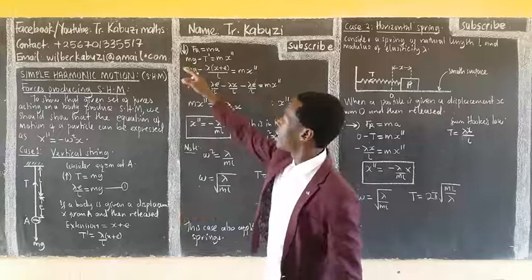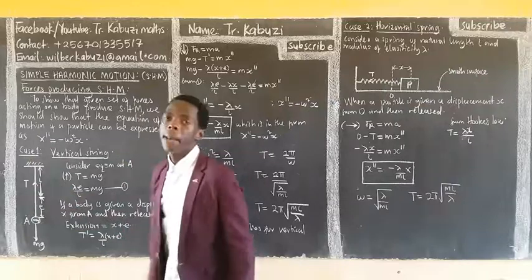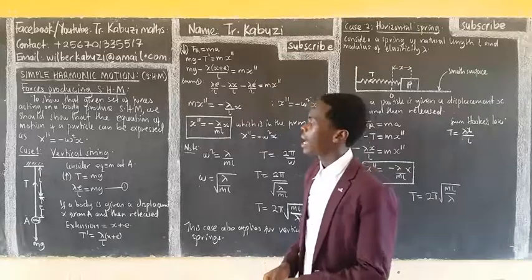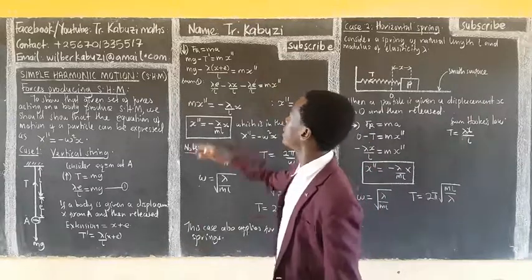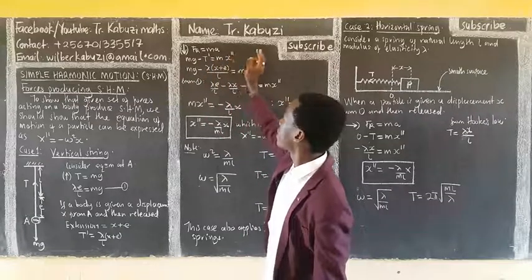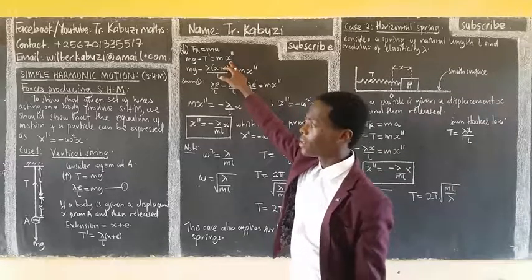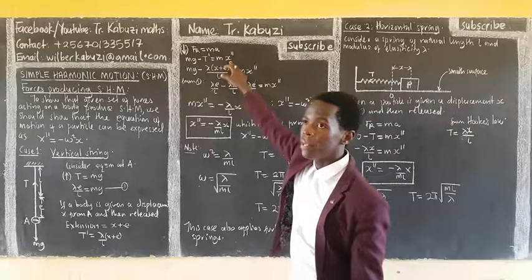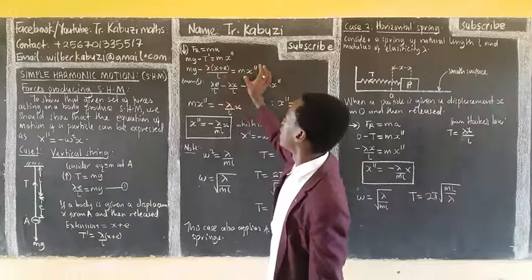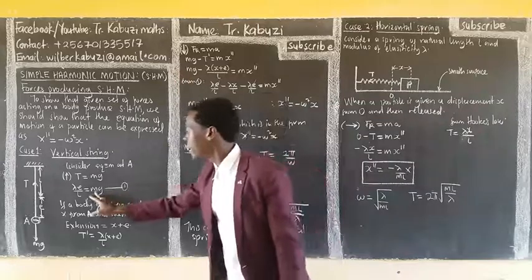So when I resolve vertically downwards, mg minus the tension with the new extension, lambda times x plus e over L, is equal to m x double prime, where x double prime is now our acceleration, because we say this acceleration is proportional to the displacement of the particle. Then we have it there when we open it. But remember from equation 1 that mg is equal to lambda e over L.